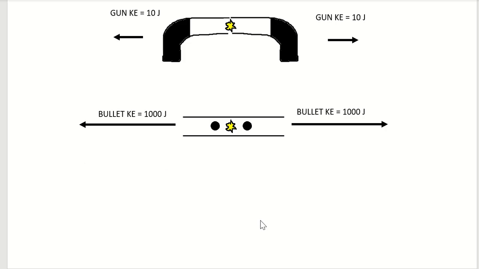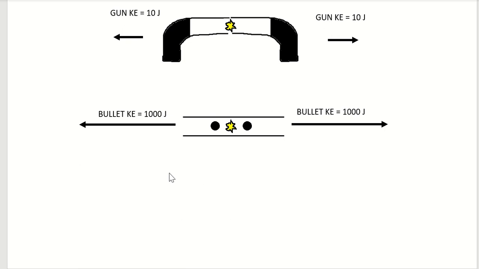Okay. You also had this extension to this thought experiment where we have two guns facing each other and two bullets in this, what you call a zip gun, I guess. So basically a tube, two bullets, and an explosion in between them.